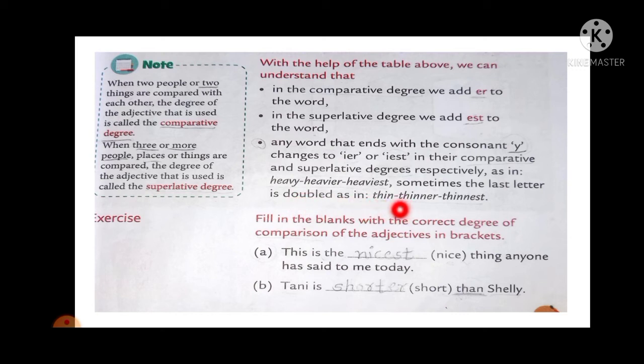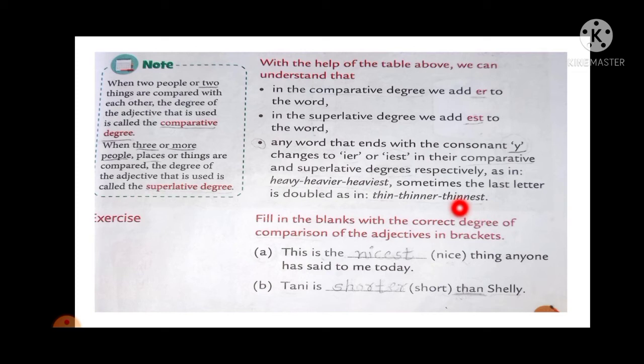Sometimes the last letter is doubled, as in thin. When the last letter is a consonant and the second last is a vowel, we have to double the last letter. So in the spelling of thin we have put the n double, then add er: thin, thinner, thinnest.